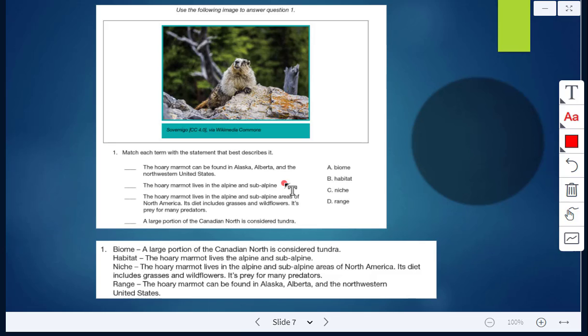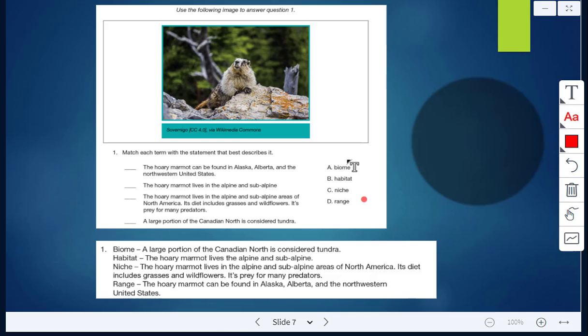Our second statement: the hoary marmot lives in the alpine and subalpine. Third statement: the hoary marmot lives in the alpine and subalpine areas of North America. Its diet includes grasses and wildflowers, and it is a prey for many predators. And the last one: a large portion of the Canadian North is considered tundra.